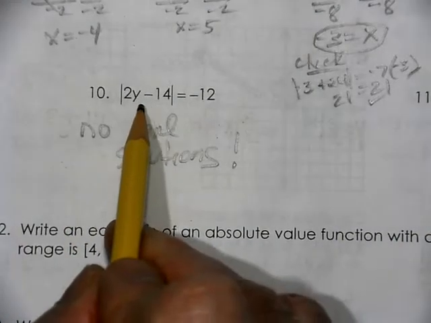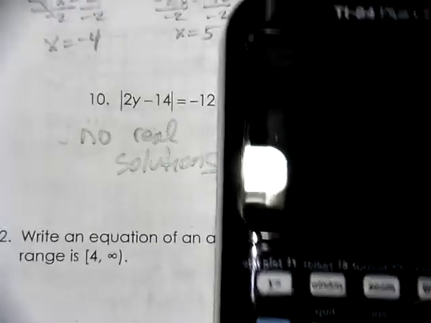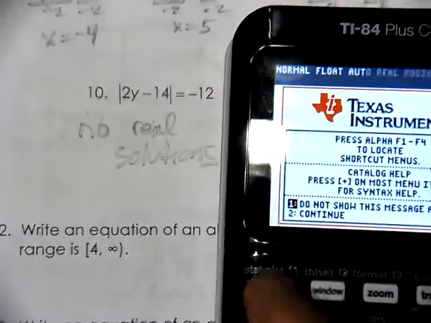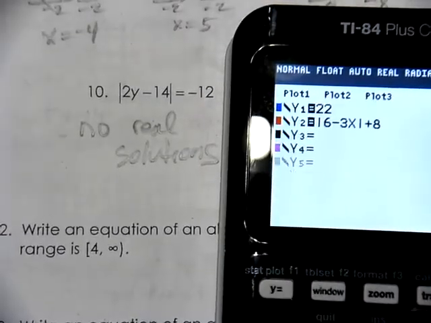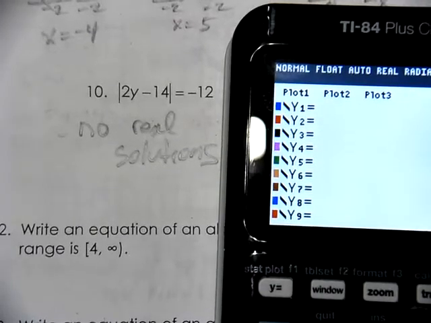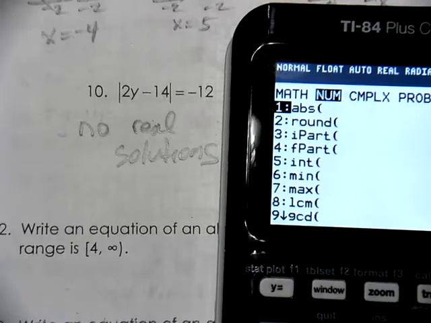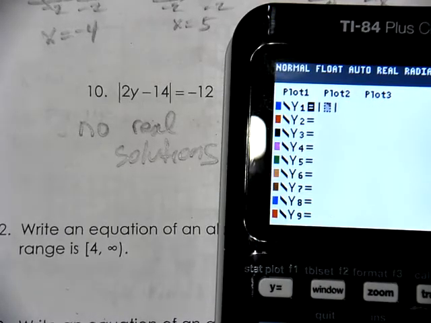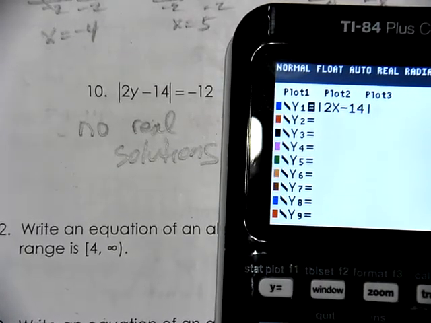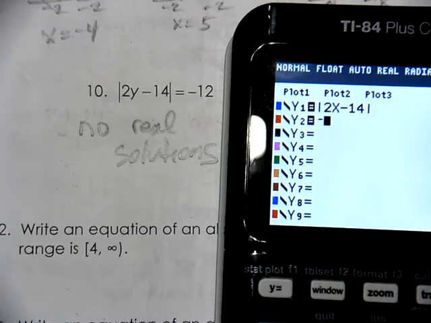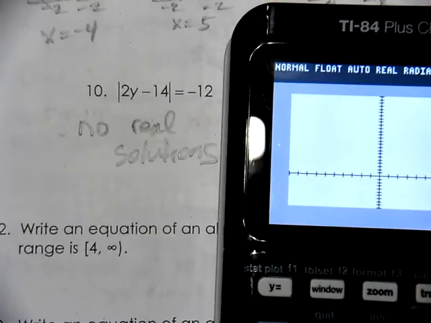You could graph this, you could graph that. You could type in the absolute value of 2x minus 14. We could type in the negative 12.